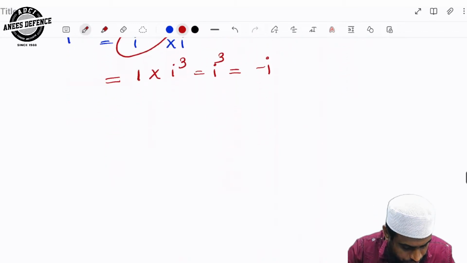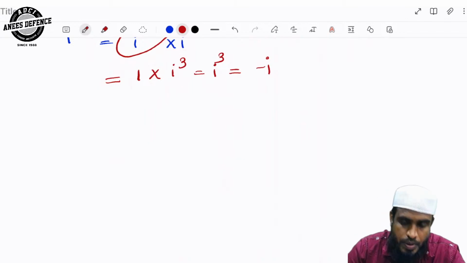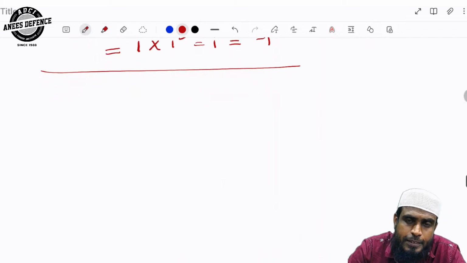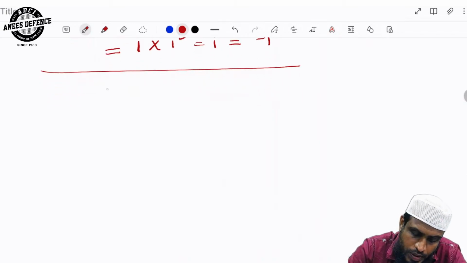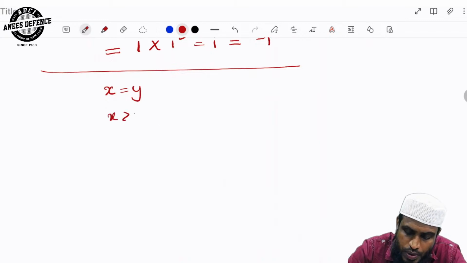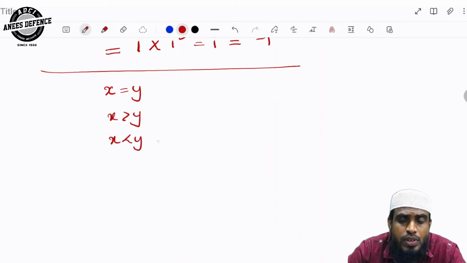Now, in the real world, we can say that x is equal to y, x greater than y, x less than y. In this fashion, we are able to say in the real world.